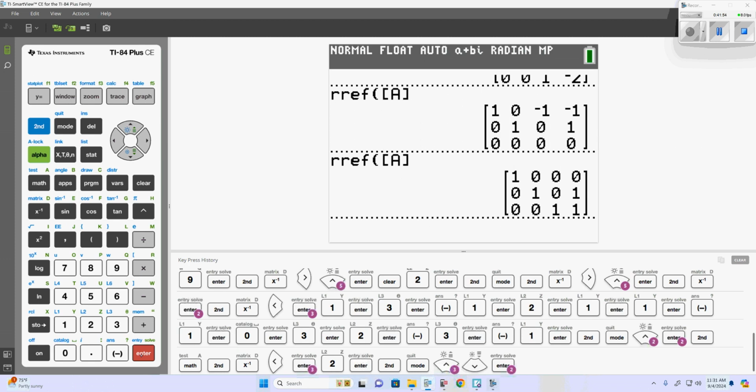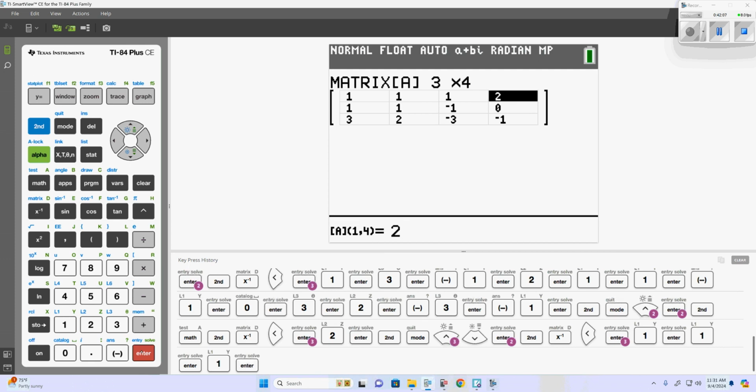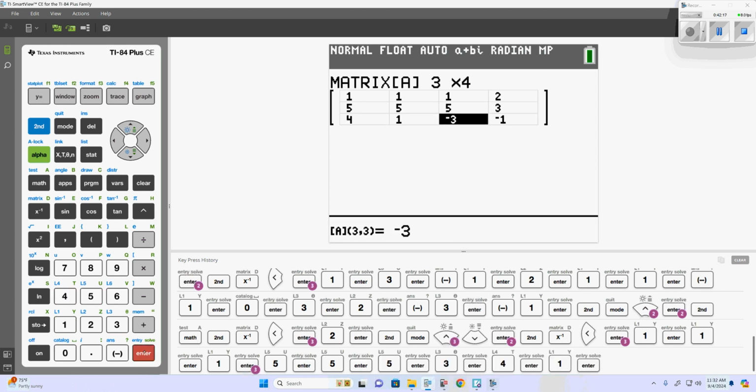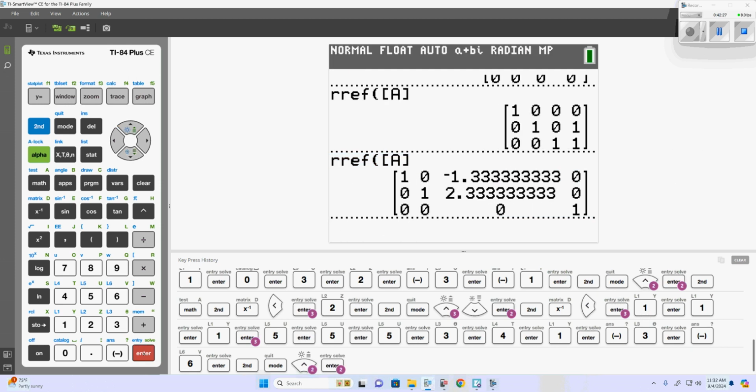Second matrix, edit 3 by 4. Now we do have decimals, that's not the issue, but if you look at the bottom row, we have 0 for x, 0 for y, 0 for z, 0, 0, 0. So the bottom row is telling us 0 equals 1. That's no solution.